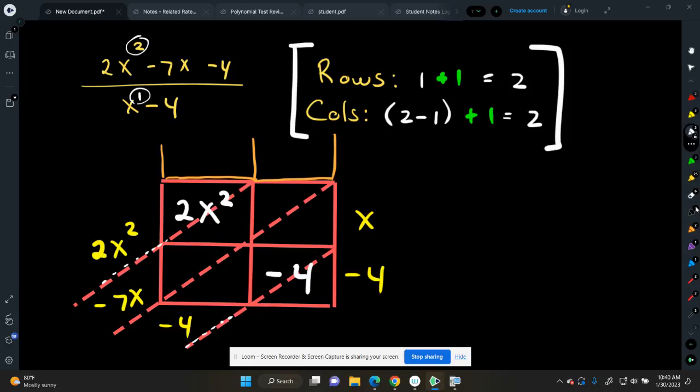Okay. So that means in the diagonal we have 2x to the third, 13x squared, 21x, and 9. Okay. And along the side, we have x squared plus 5x plus 3.